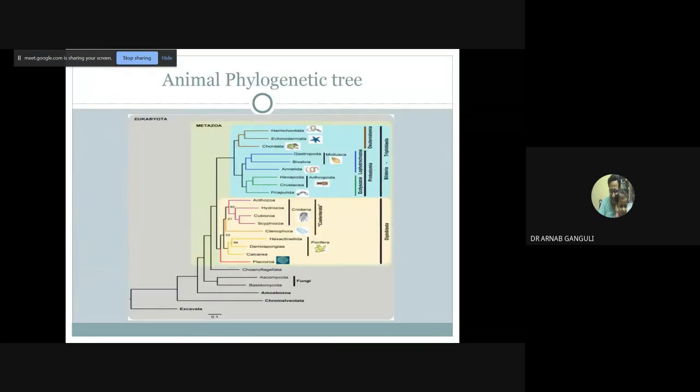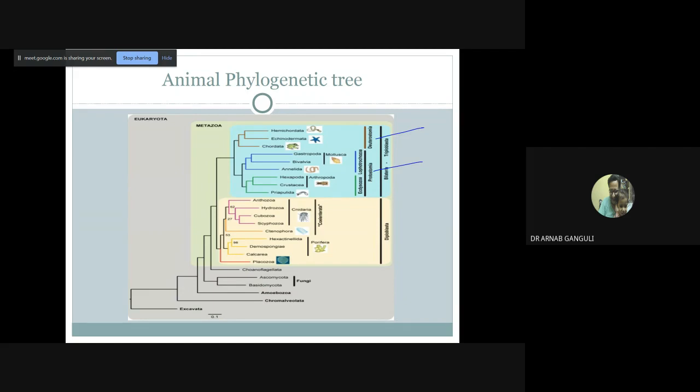If you look at the animal, one side, you have the protostomes, deuterostomes. So, among the metazoa, you can divide them into different groups. It is just to show you, you don't have to read them.